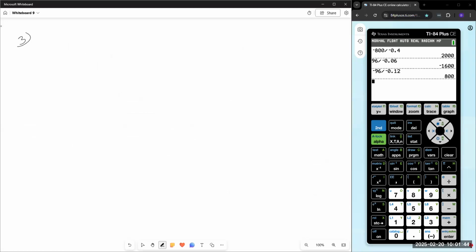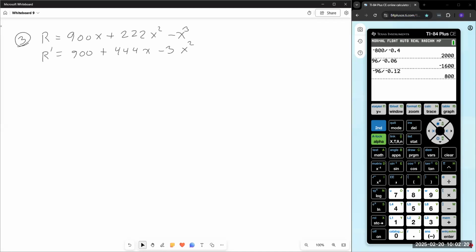Number 3 says that R is equal to 900x plus 222x squared minus x cubed, which makes R prime equal to 900 plus 444x minus 3x squared.